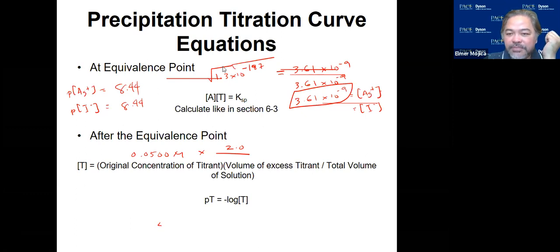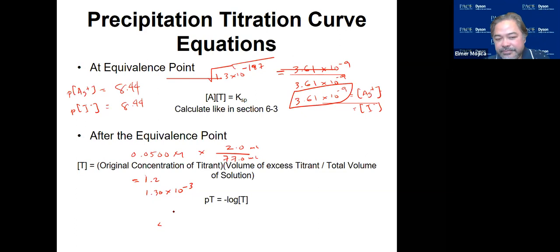So it will be 50 plus 52. Oh, is it? No, not 50. 25 plus 50. So you're right, 77. So that gives you 1.30 times 10 to the negative 3.